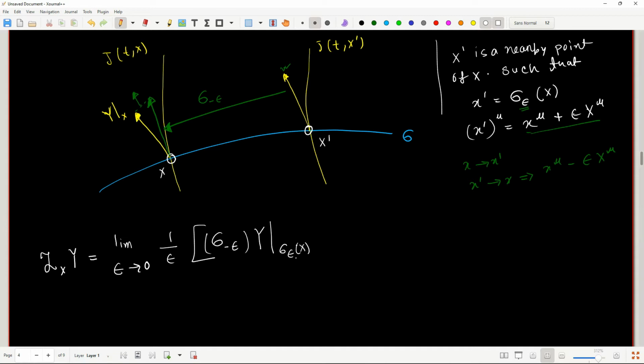That means this infinitesimal transformation will carry me from x to x prime, minus the vector at point x.